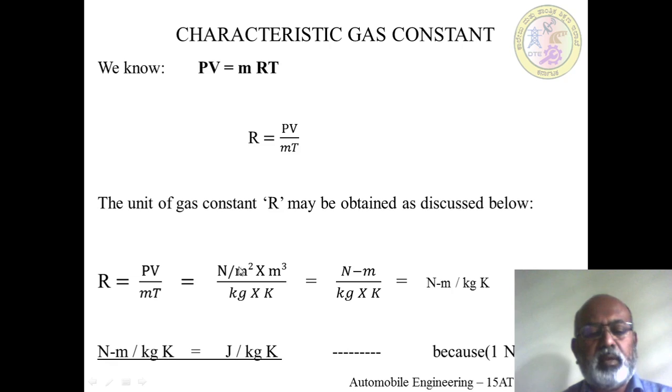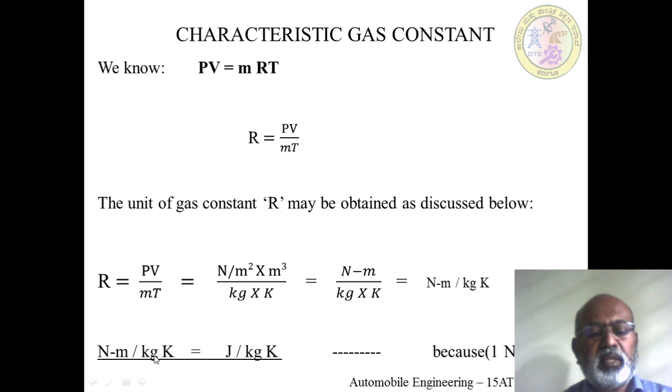We can simplify here: Newton per meter square times meter cube. The meter square cancels with the meter cube and one meter remains, so we get Newton meter. In the denominator there is no change, and the unit of gas constant is Newton meter per kg Kelvin.